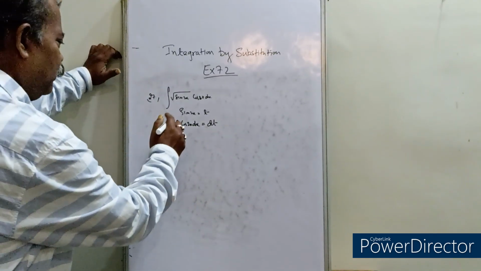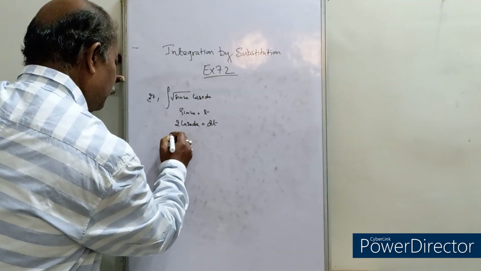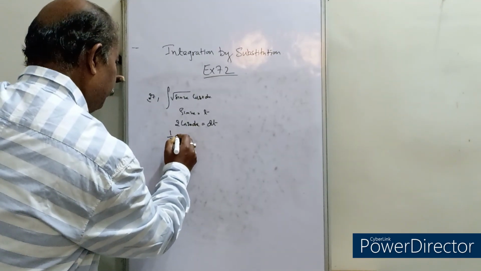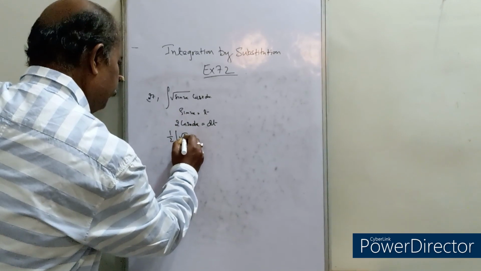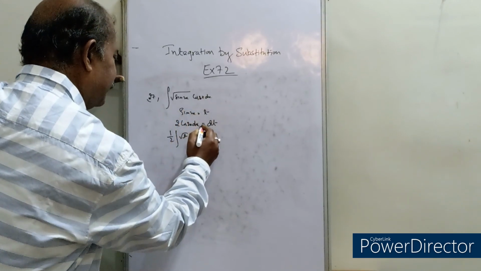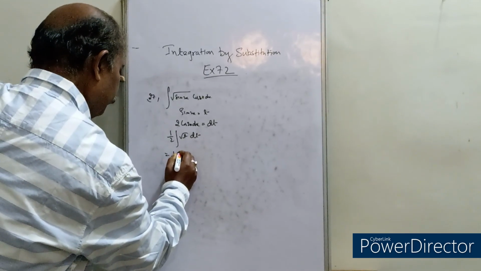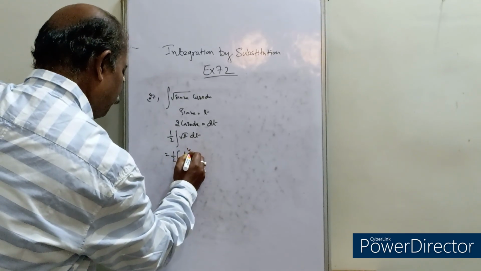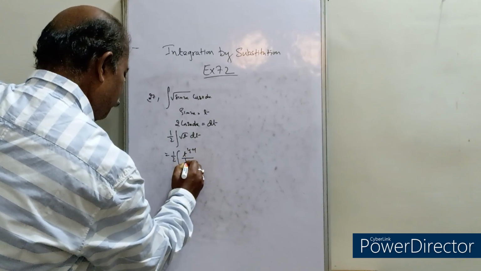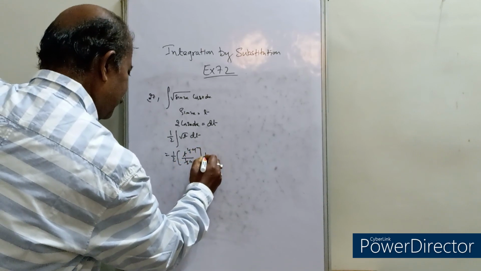Now you place the values. When you place the values, you are going to get 1 by 2, that is root t, and this cos 2x dx becomes dt. So this will be 1 by 2 t to the power of half plus 1, over half plus 1, plus c.